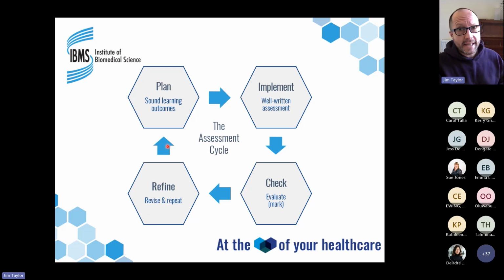So what we're going to do today is talk very briefly about all aspects of the assessment cycle, about planning assessments, about implementing them, about evaluating and marking them, and then about rinsing that idea set and repeating it again.